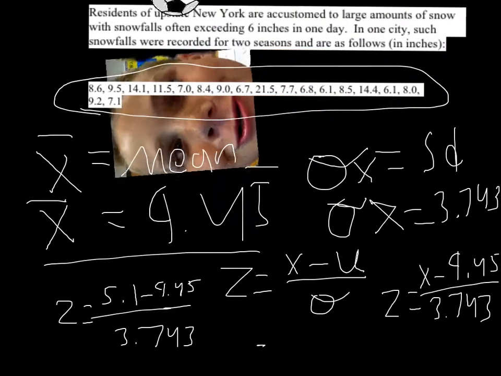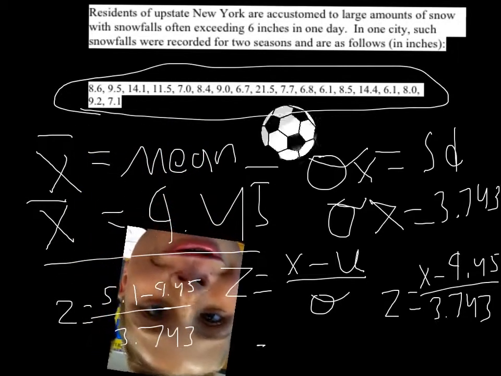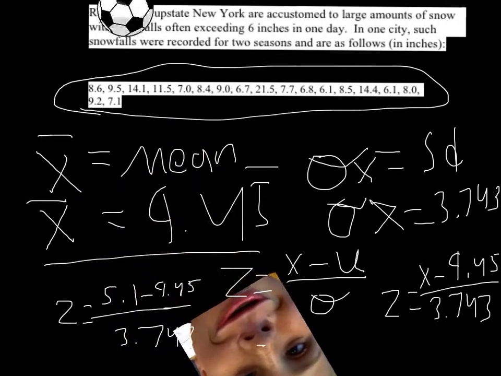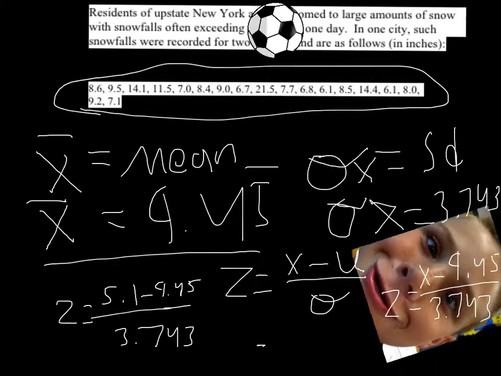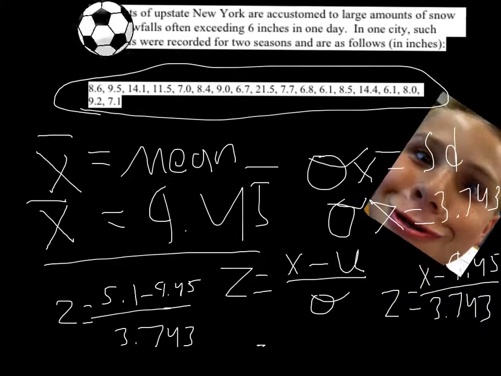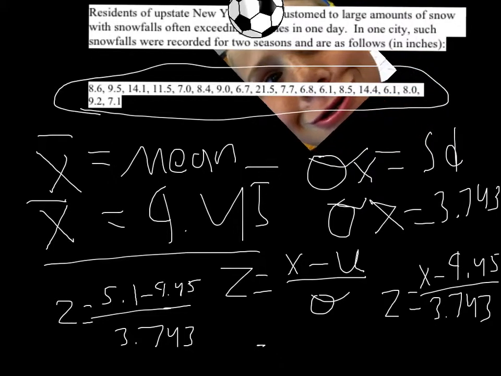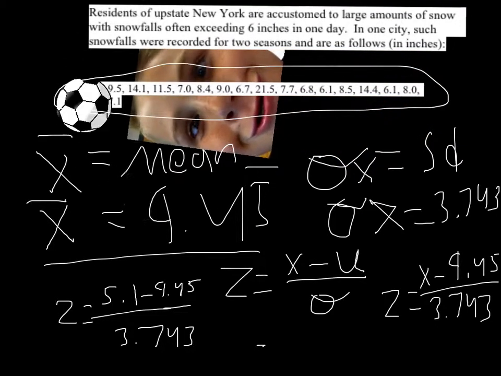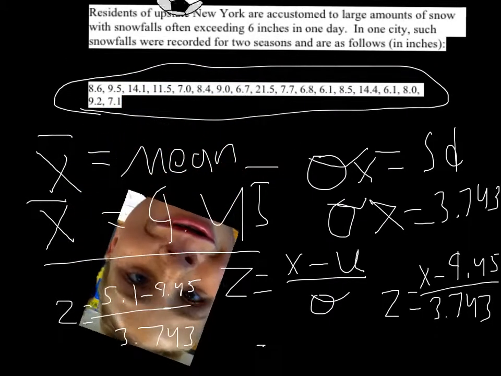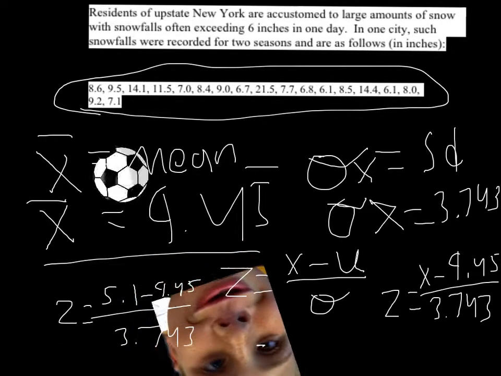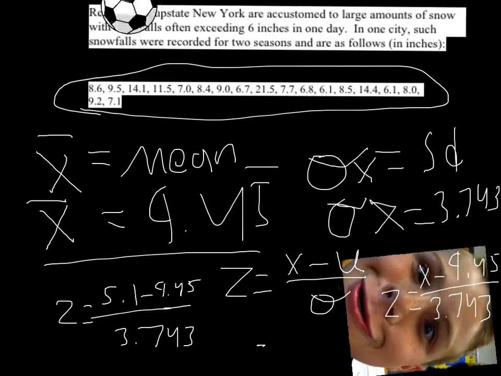And finally, to find the z-score, you'll have to plug that in the calculator. So you'll do parentheses 5.1 minus 9.45, and you'll probably get, let me do that real quick.